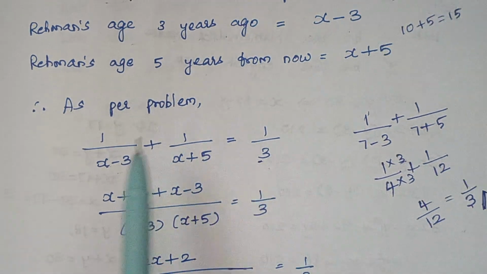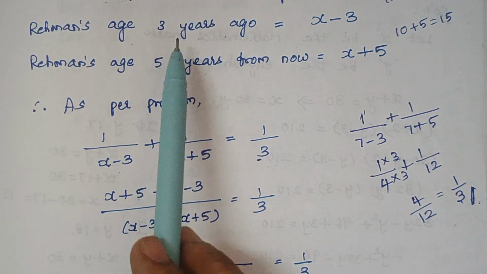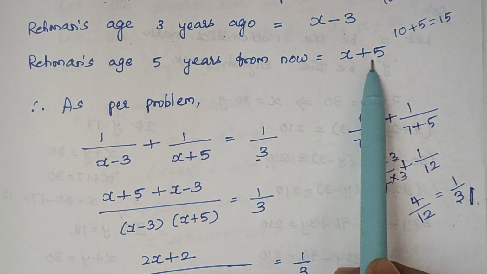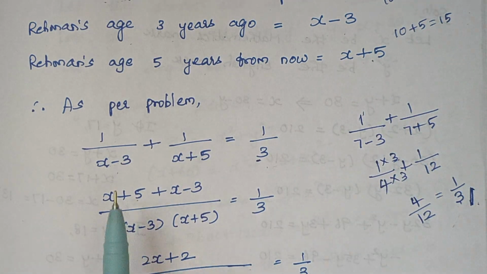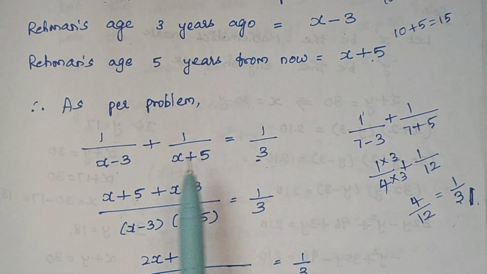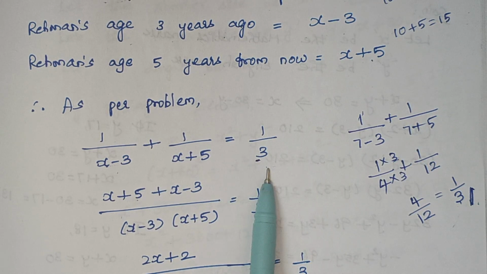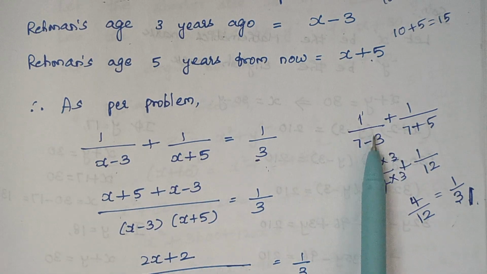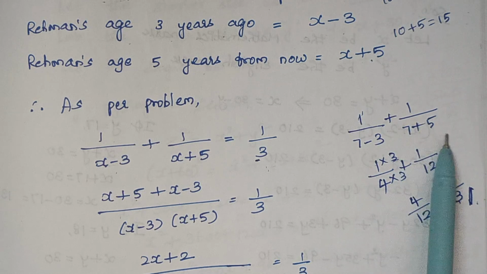You see, this is the thing which is given in the problem: the sum of the reciprocals of Rahman's age 3 years ago and Rahman's age 5 years from now. When we add these two things, you get the answer as 1 by 3. So we got the value of x as 7. When you substitute here, it is 1 by 7 minus 3 plus 1 by 7 plus 5.